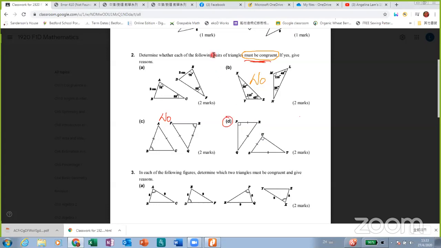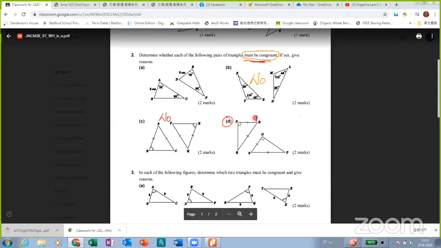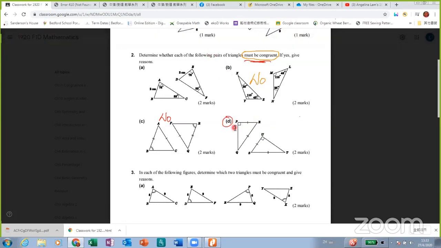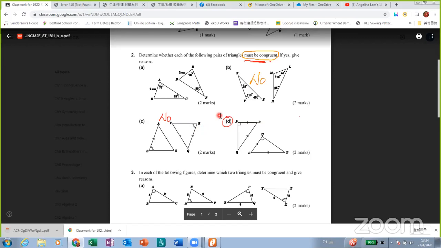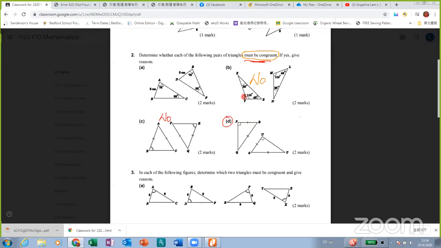Therefore in this case they are congruent. You have to first think about whether you can say that they are congruent. If you can confirm that they are congruent, then you think about the reason or what information you have.